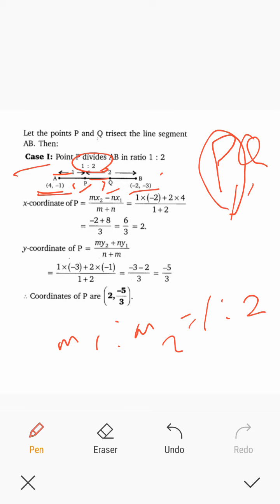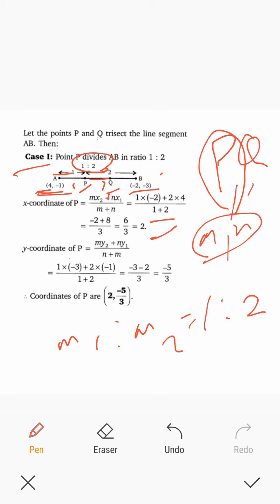By mistake a minus sign is there, children. That is not minus. It is m1 x2 plus m2 x1. That doesn't matter. So m1 x2, that is 1 into x2, which is -2, plus m2, 2 into x1, which is 4, divided by m1 plus m2, which is 1 plus 2. So (-2 plus 8) by 3, 6 by 3, equal to 2.